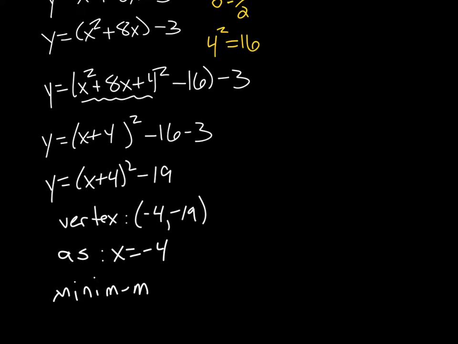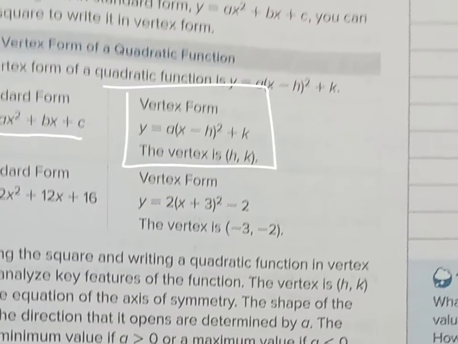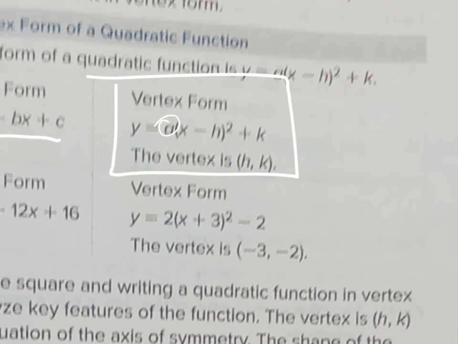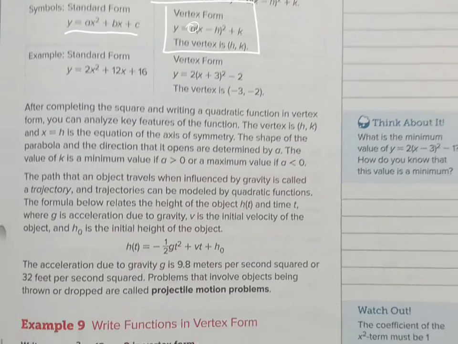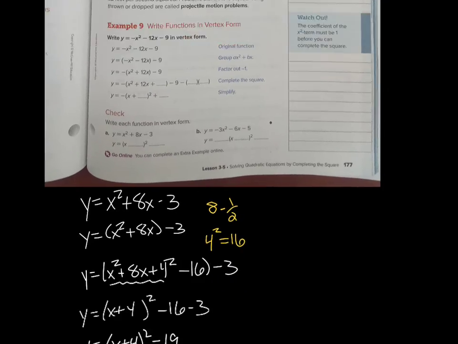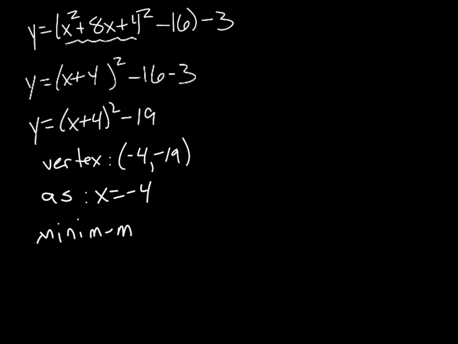What's positive that makes it open up? If we go back to what they stated up here, it's that the A is positive. It's a positive 1. We just don't write it because it's 1. So since it opens up, that makes the vertex a minimum.